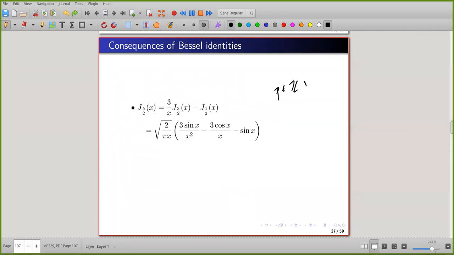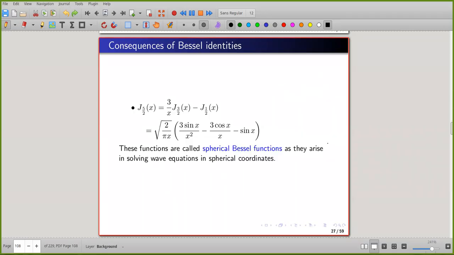I will leave this as an exercise, which will follow by a simple induction argument. These functions are called spherical Bessel functions, as they arise when solving wave equations in spherical coordinates.